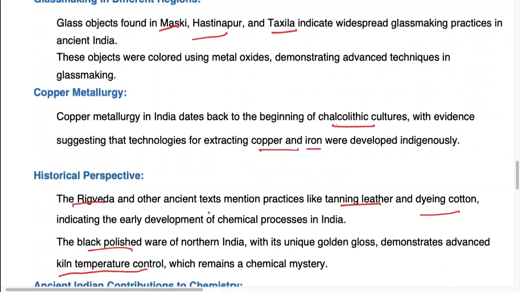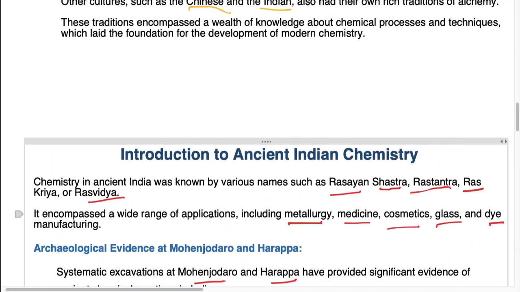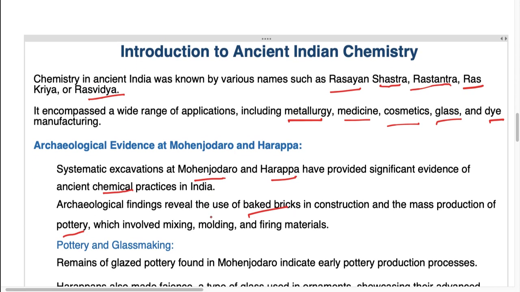So this was all about the introduction to ancient Indian chemistry.